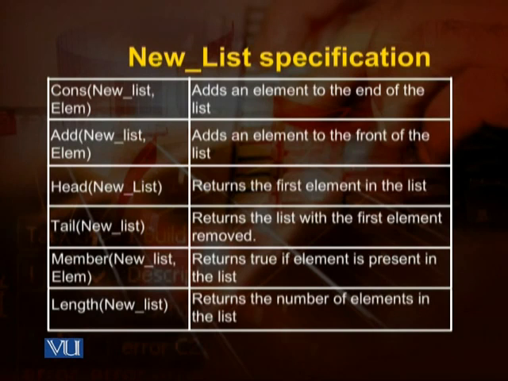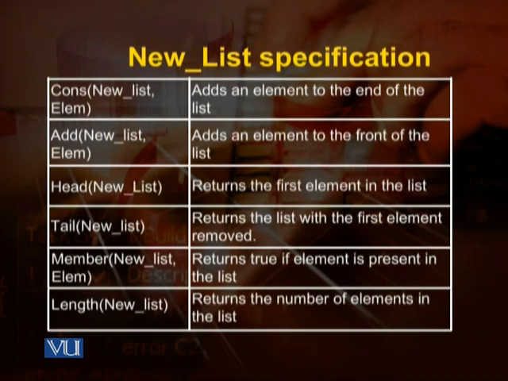One is add, which takes a list and adds this element to it. In this case it is the opposite of cons, because now it is adding the element to the front of the list. And member, which tells you whether a particular element is present in the list or not. So these are the 2 new methods to be supported by this new list.